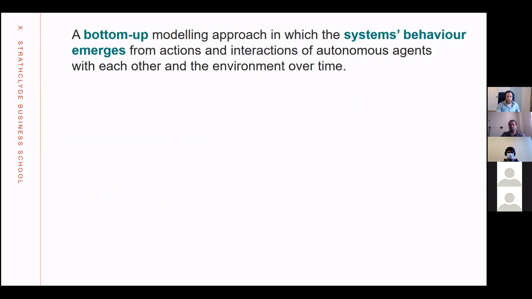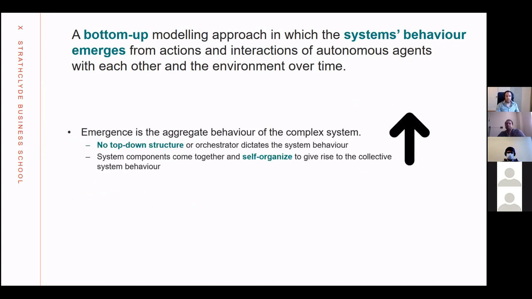And the key for these systems is that they're bottom up. They emerge from the bottom up. All right, so emergence is the aggregate of the behavior of the complex system. There's no top-down structure. There wasn't one bird that told all the other birds in which direction to fly. Right, so there's not one orchestrator.